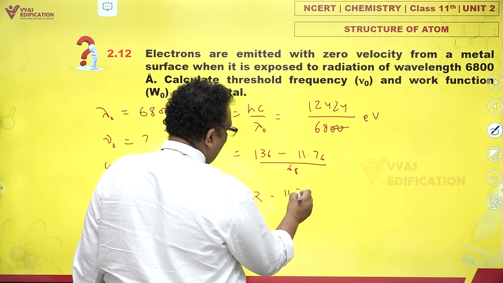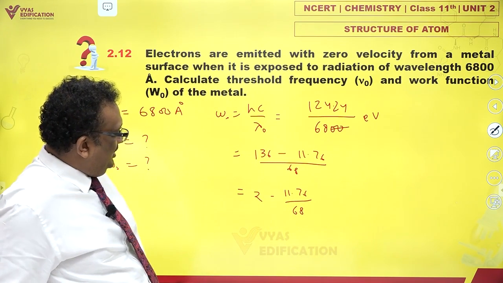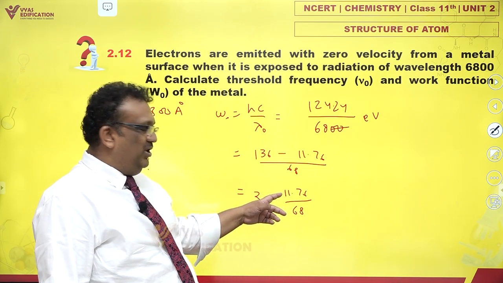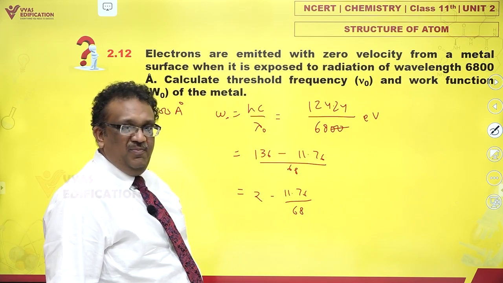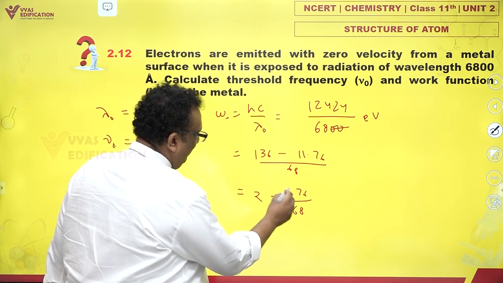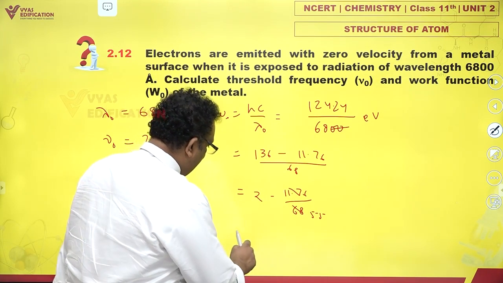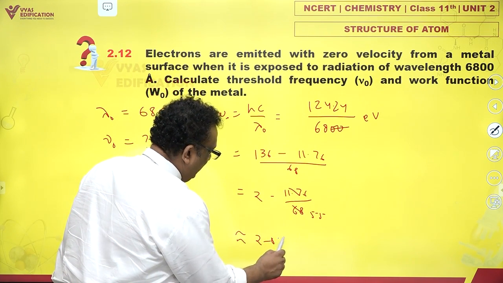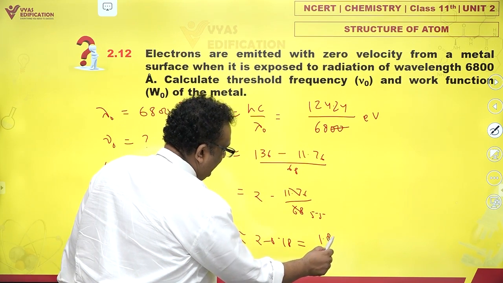Minus 11.76 by 68. Now 11.76 is close to 12. 12 5s are 60. It's roughly 5.5. This is 0.18. This is approximately 2 minus 0.18, which would be 1.82.